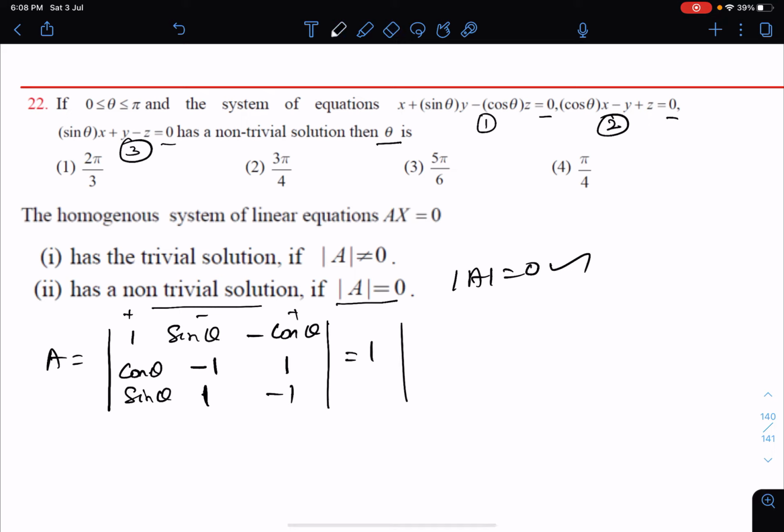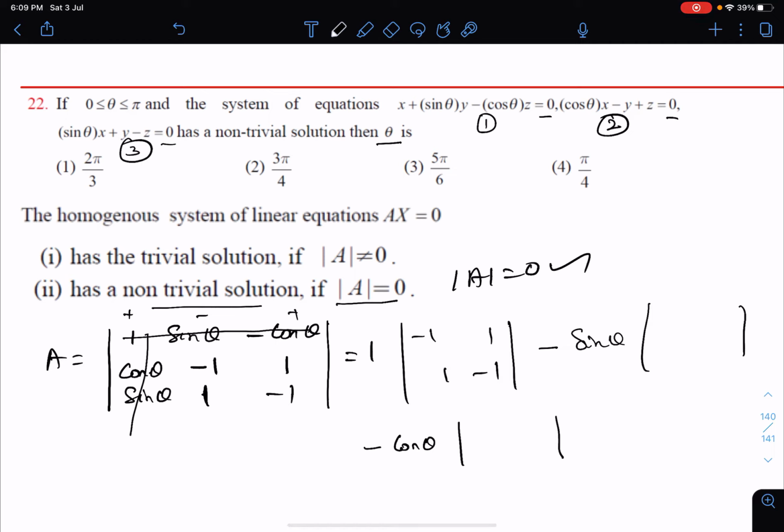1 into our first determinant, minus sin theta into our second determinant, and the third one is also going to be plus, but here it is minus, so you are going to put minus cos theta into our third minor. Okay, for the first one you cross out the first row and the first column, you will get the minor as minus 1, 1, 1 and minus 1.